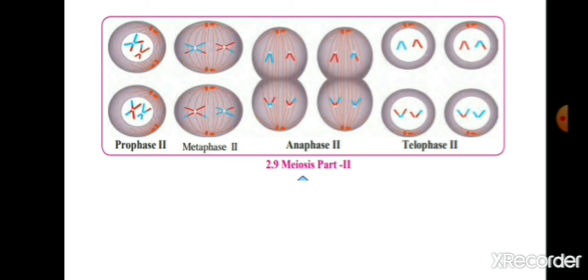During this cell division, crossing over occurs between the homologous chromosomes and thereby genetic recombination occurs. Due to this, all the four daughter cells are genetically different from the parent cell and from each other.